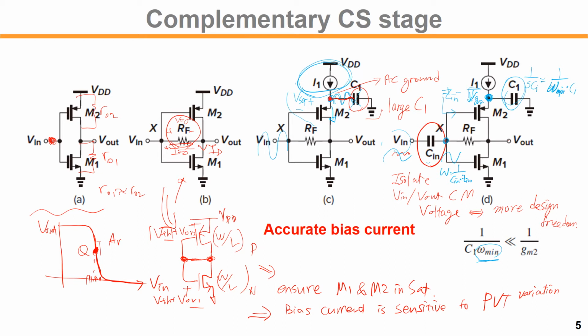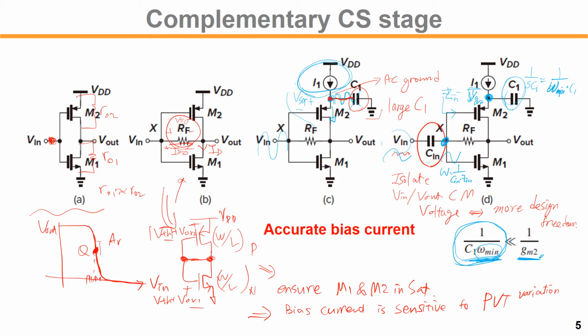So comparing 1 over GM2 versus 1 over C1 omega min, the impedance of C1 seen by the capacitor must be much smaller than 1 over GM2. A similar requirement can be seen on the input side.